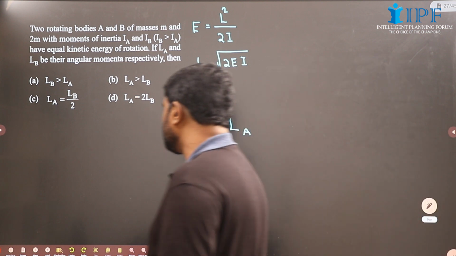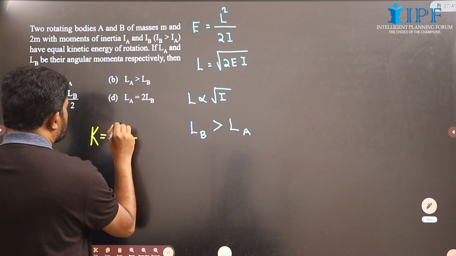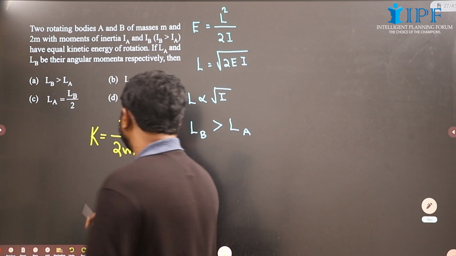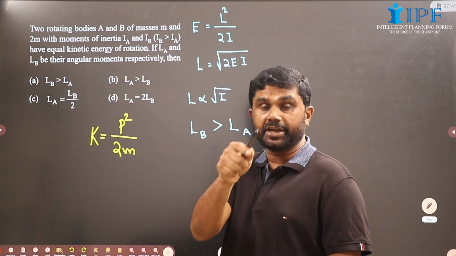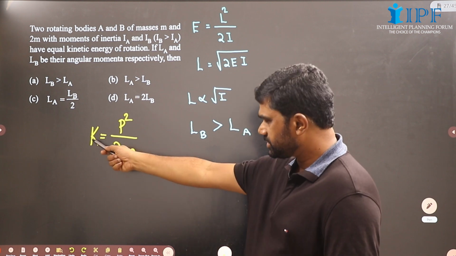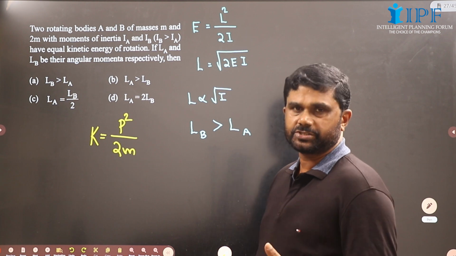That is equivalent to the relation in linear mechanics, say K equal to P square divided by 2m. P is the linear momentum, K is the translational kinetic energy, half mv square, and m is the mass.